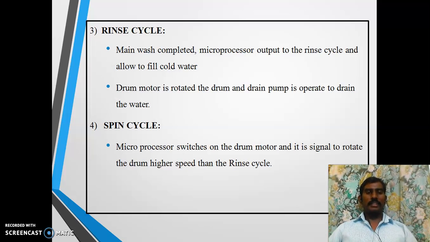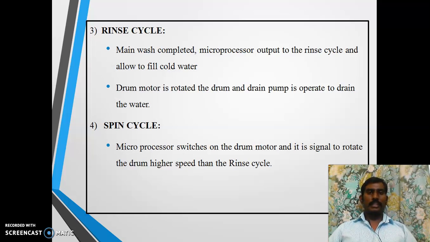As said, once the main wash is completed, the microprocessor outputs to the rinse cycle and allows cold water to fill. The hot wash water is forced out from the drum with the help of a motor.